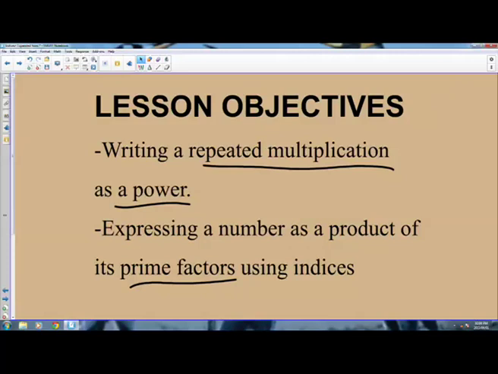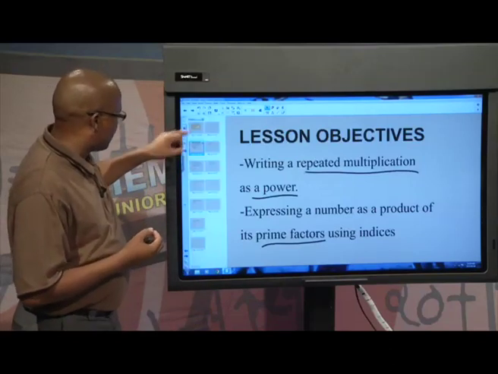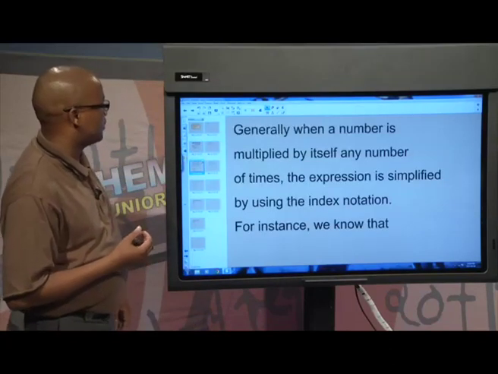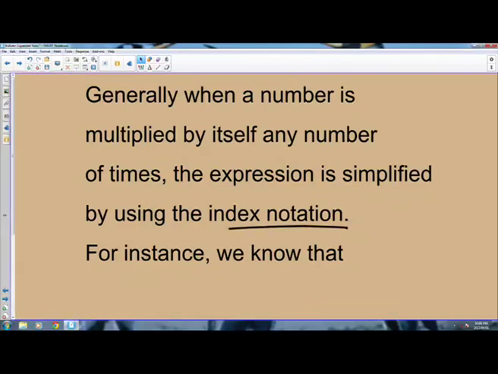Now, before we can develop this topic further, let us have a look at what we have in the discussion of this topic. It says, generally, when a number is multiplied by itself any number of times, the expression is simplified by using index notation. That is, when we multiply a number by itself many times, we can represent that by the index notation to get rid of this long multiplication.